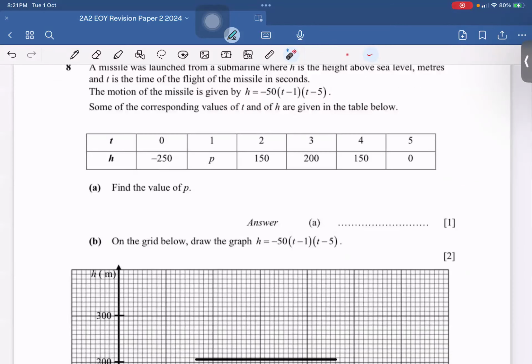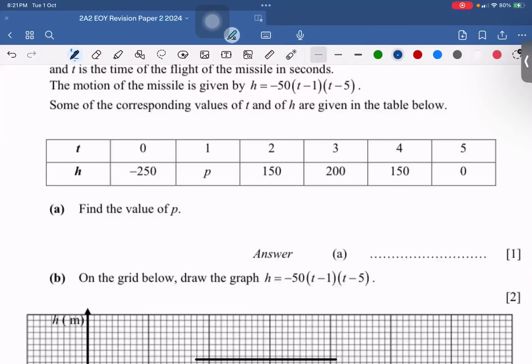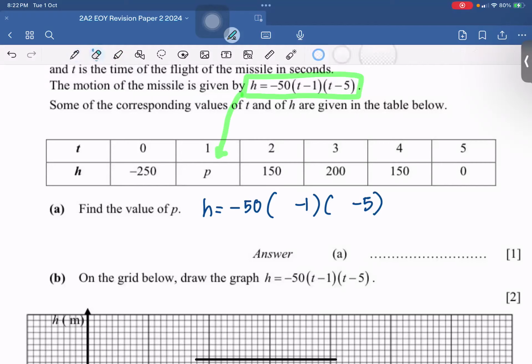How to find the value of p? You follow the equation given. This one says height is equal to minus 50 times x minus 1 times x minus 5. The value now changes to p instead of h.